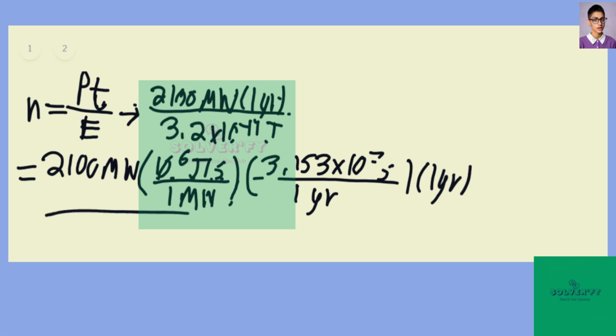That's your very long numerator with all of our conversions. And then we divide by 3.2 times 10 to the minus 11th joules.